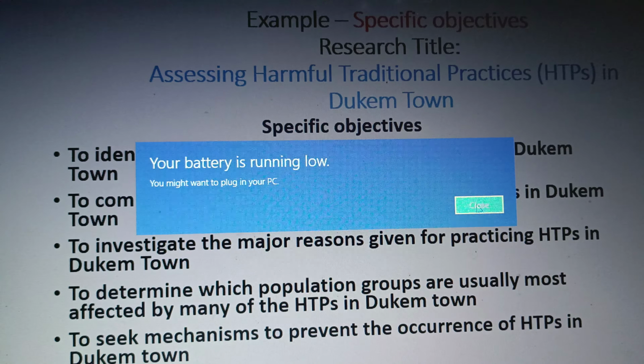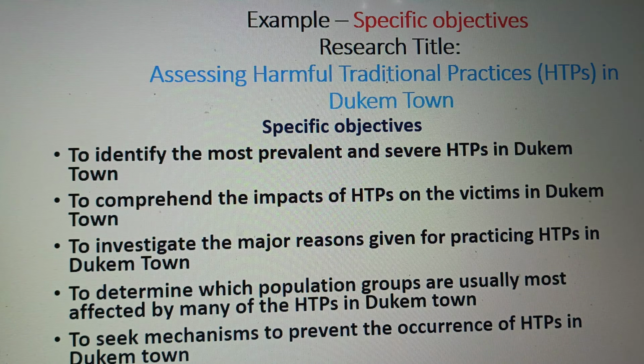In this case, I would like you to go to the video on basic research questions on my YouTube channel, because these specific objectives are a reflection of the basic research questions put in that video. So I suggest you watch that video so that specific objectives become very clear.